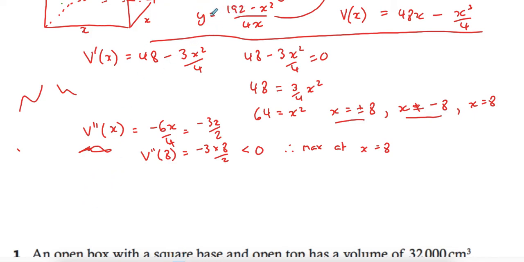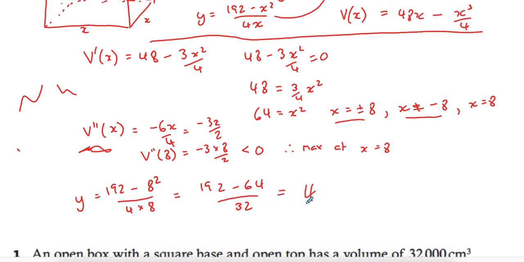I would just substitute straight into this. So the y value is 192 minus 8 squared over 4 times 8. So you've got 192 minus 64 over 32, and all that will come to 4.